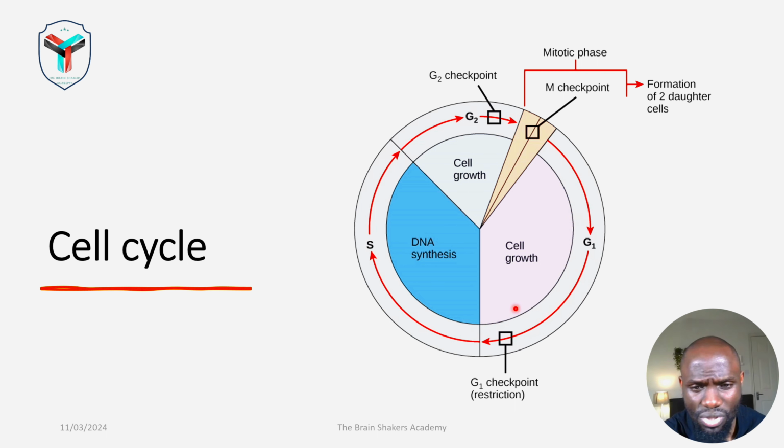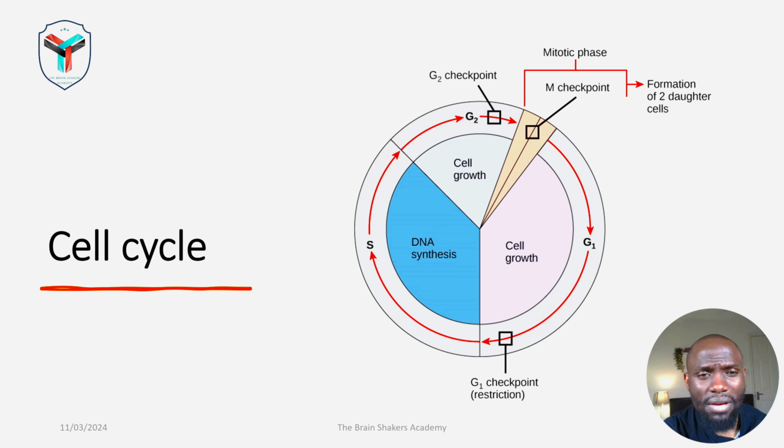This is also a period that is referred to as interphase. Within the G1, the cell is growing. It goes into the S phase, there's DNA synthesis there. It goes into the G2 phase, there's cell growth in there. So from G1 to synthesis to the G2, that is all interphase. Then the cell will go into the mitotic phase.